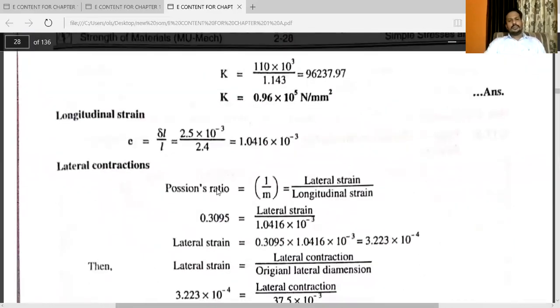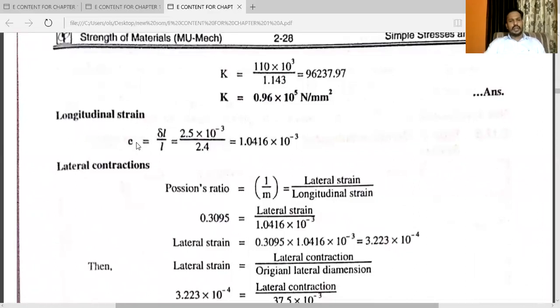See, we know that Poisson's ratio is equal to lateral strain upon longitudinal strain. Here we have the value of longitudinal strain. Just put the value of mu and longitudinal strain in the given formula, you will get the lateral strain. See, the lateral strain is equal to 3.223 into 10 raised to minus 4.